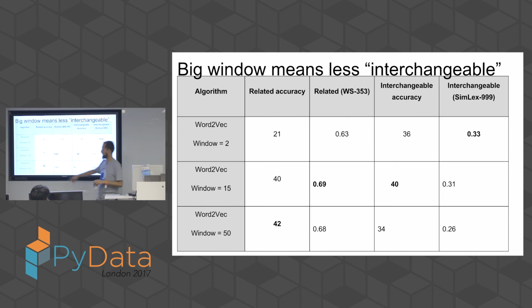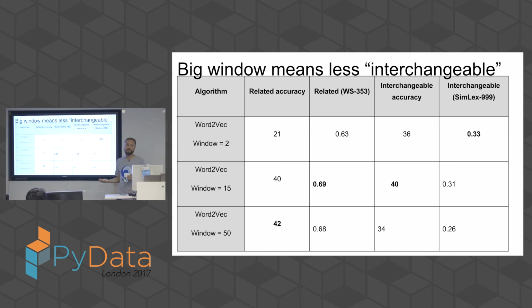You can see that as the window is growing, so I have 2, 15, 50, my related accuracy is growing, so it becomes more topical. If a doctor, like the profession of somebody, appears, usually it's like 10 words away from the actual name. But if they appear together a lot, then they will become closer together. And the interchangeable accuracy goes down as I increase my window.